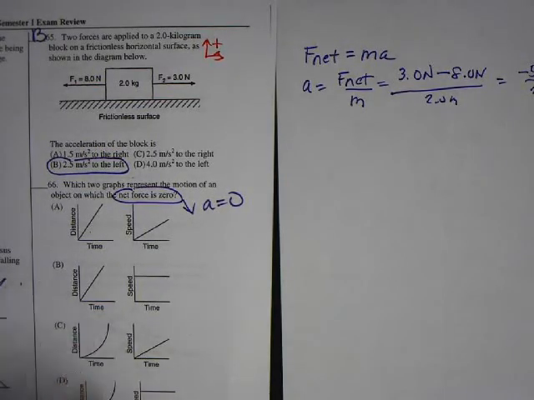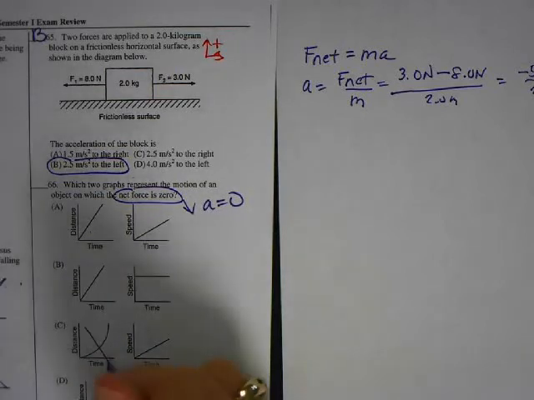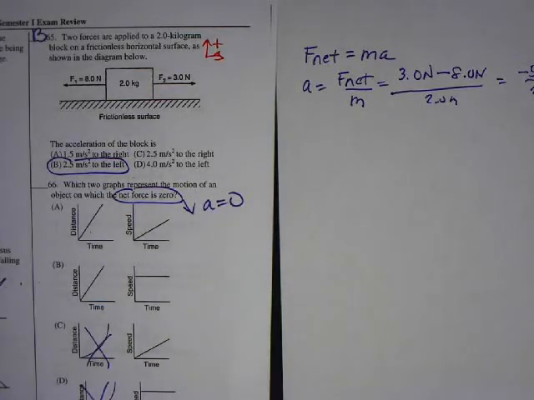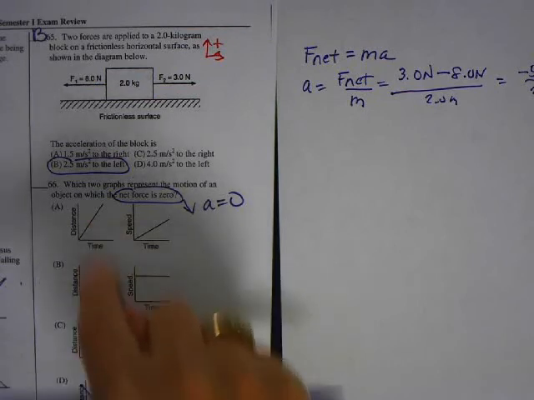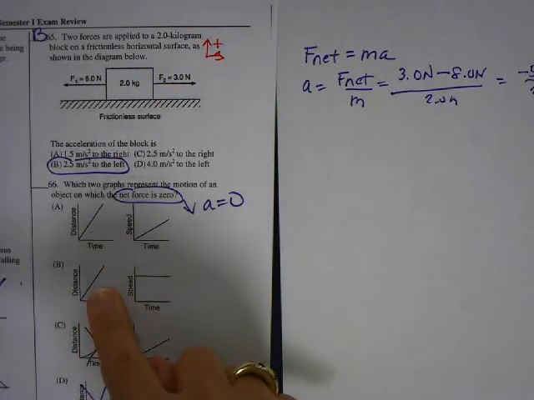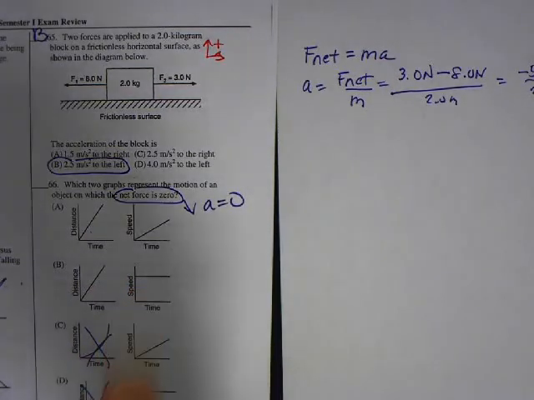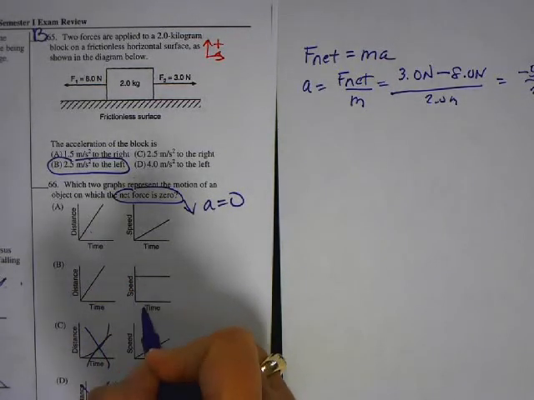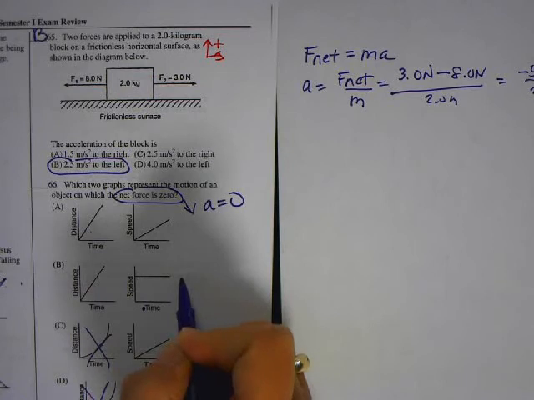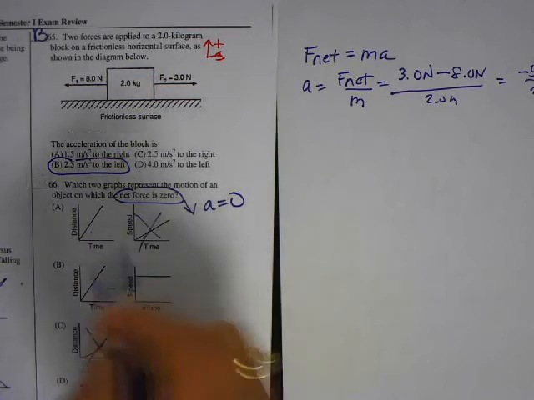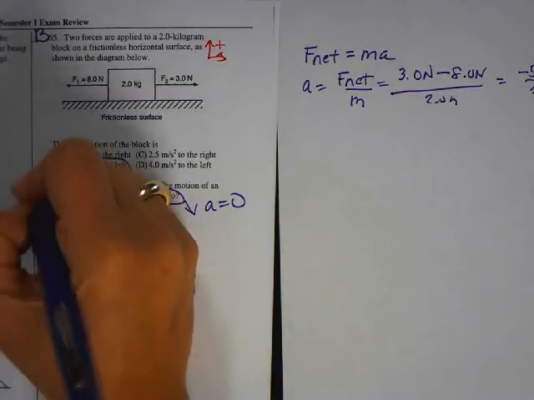I could look at this and say, a curve represents an acceleration on a position versus time graph, so I can eliminate those choices. Both of these show something that has a 0 acceleration, but now I have to look at the next graph, and if the acceleration is 0, that means on a speed versus time graph, it stays at a constant speed. So then I can eliminate that, and my choice is going to be choice B.